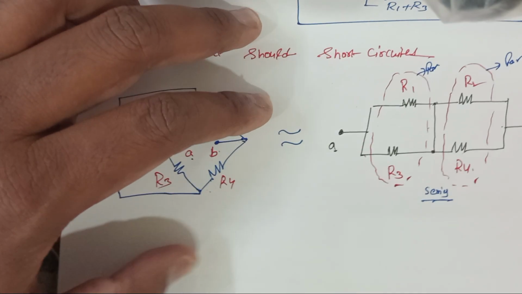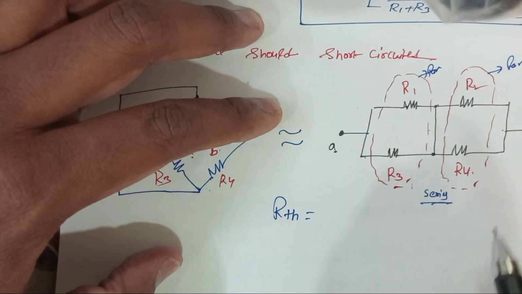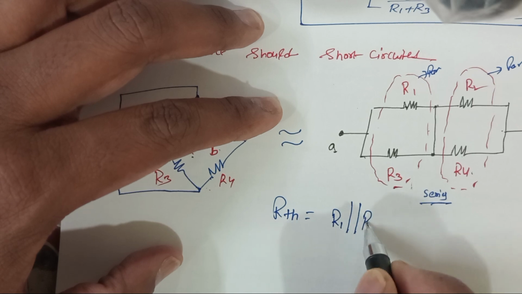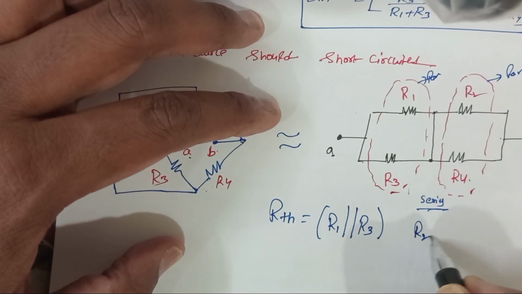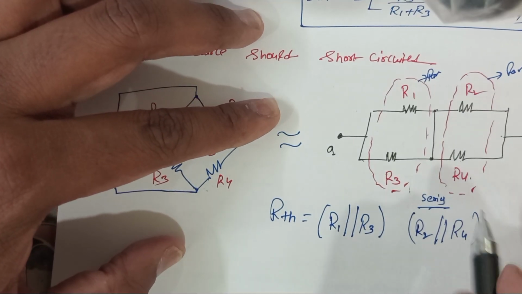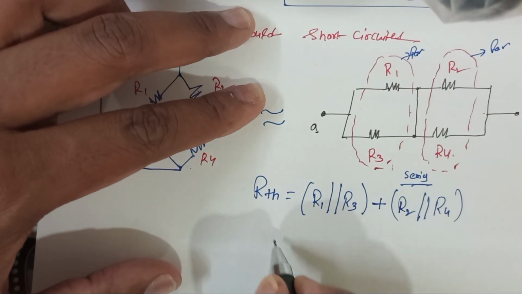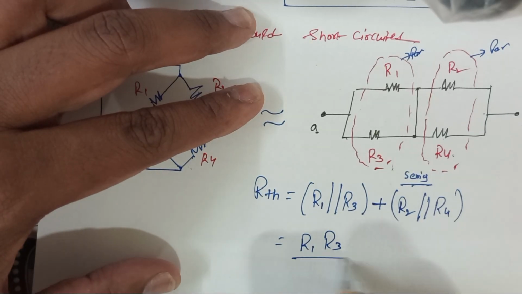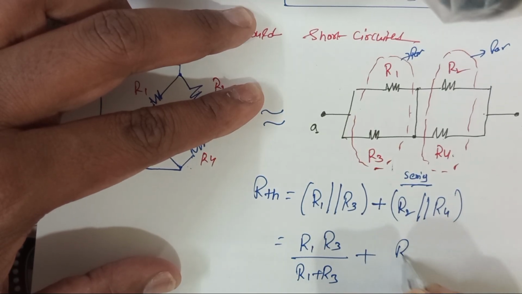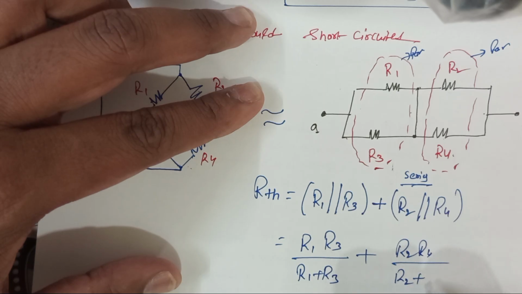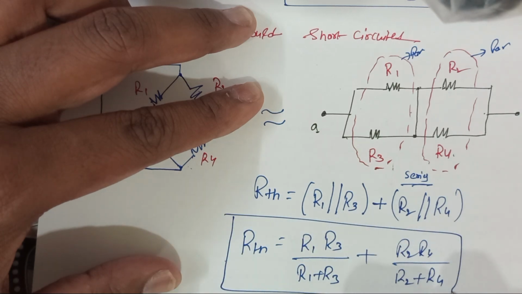So Thevenin's equivalent resistance RTH is R1 parallel R3, plus R2 parallel R4. Finally, RTH equals R1 R3 by R1 plus R3, plus R2 R4 by R2 plus R4. It is Thevenin's equivalent resistance.